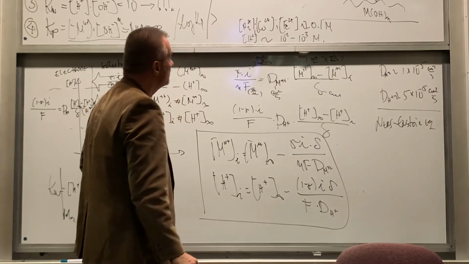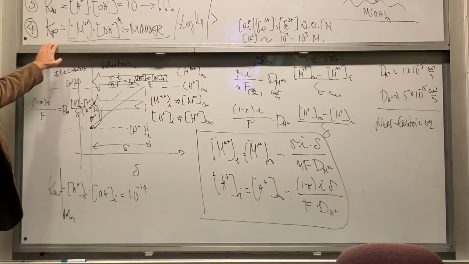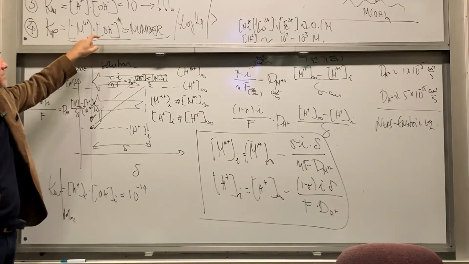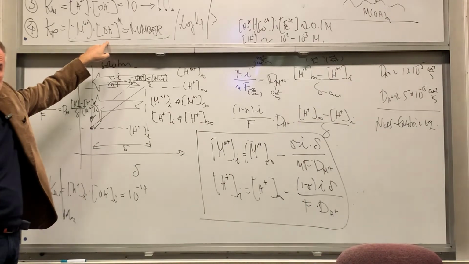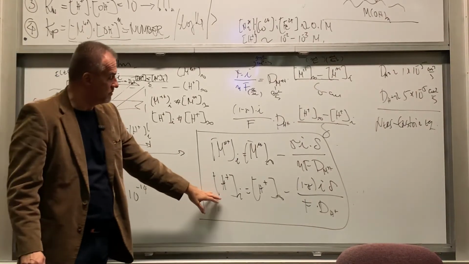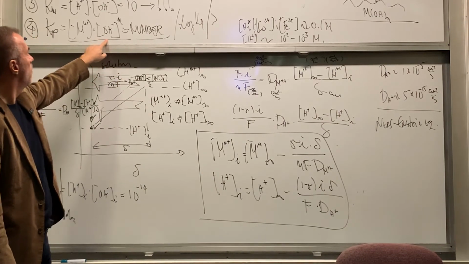But if you remember, when we were talking about Kp, which is the solubility product, the product of metal ion concentrations times OH minus concentration, instead of H plus concentration, I would like to have OH minus. What's the connection?